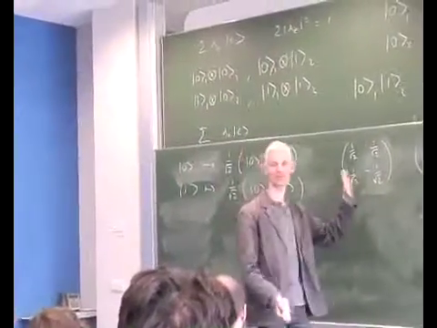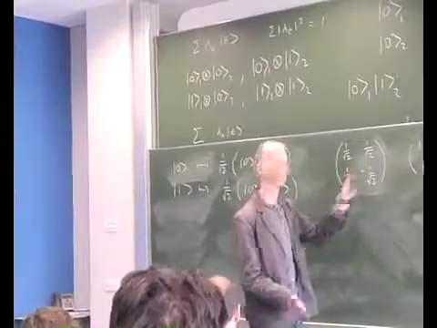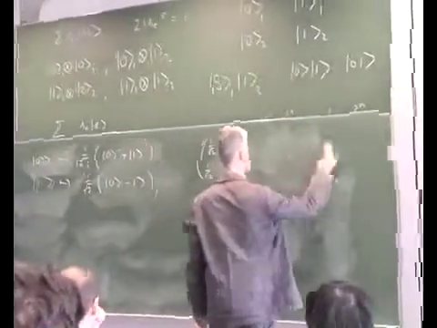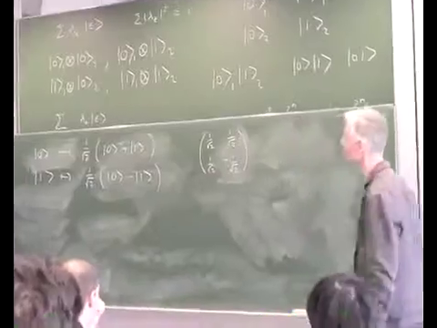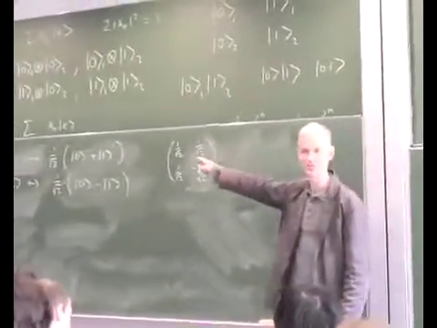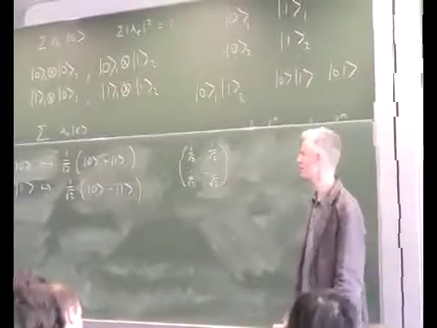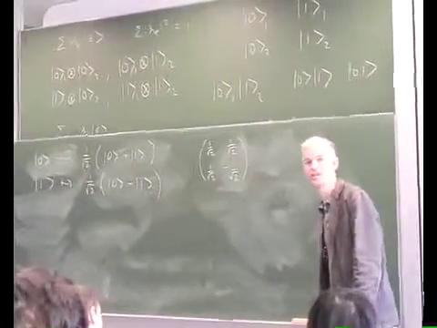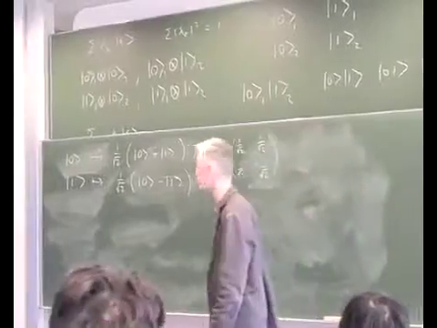Okay, but I could have got the square root of NOT, but actually this is the one I want to talk about, because I leave it as an exercise to get the square root of the NOT gate. This is called a Hadamard gate, and Hadamard gates are rather useful things. Here's a reason that they're quite useful.